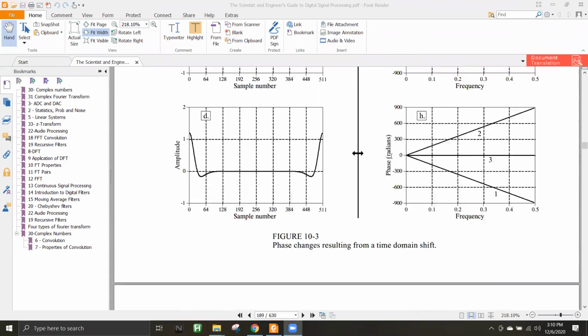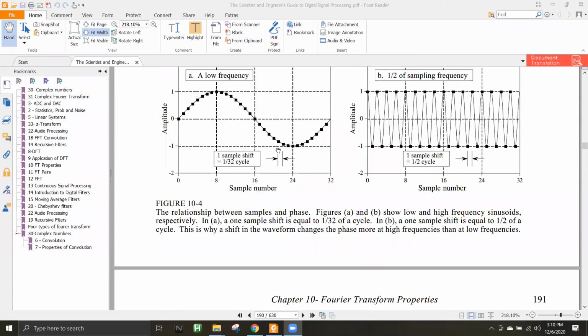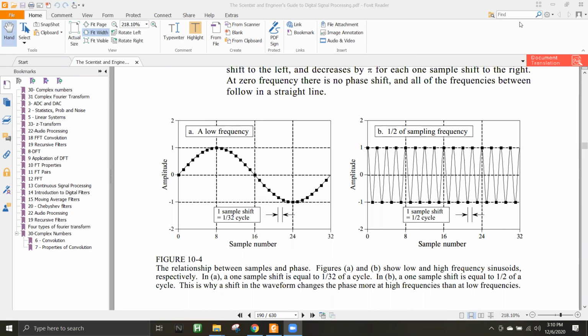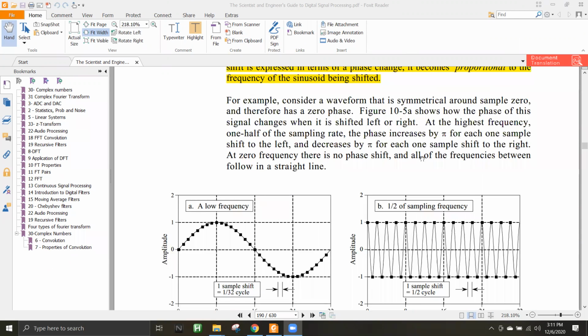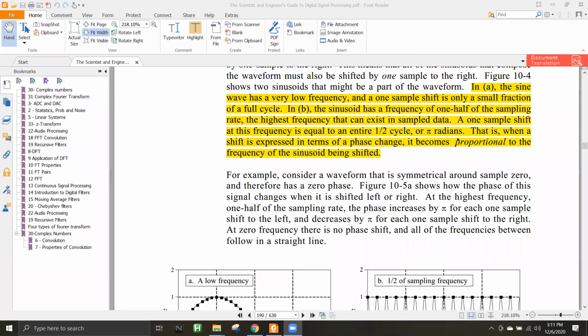If you shift by k for this one, its corresponding phase would get shifted by a very small amount. But if you shift this signal by k to the right or left, its corresponding phase would get shifted by a large amount. The slope will be larger for this one and smaller for the other. So the basic takeaway is that when a shift is expressed in terms of a phase change, it becomes proportional to the frequency of the sinusoid being shifted. So the shift is not equal. That is why it is not shift invariant.